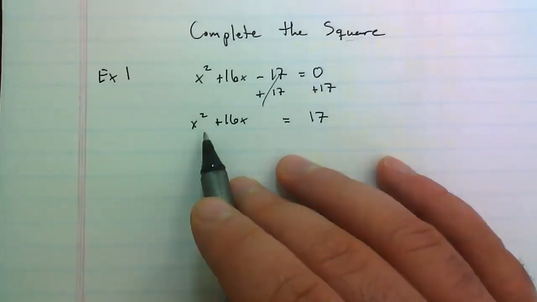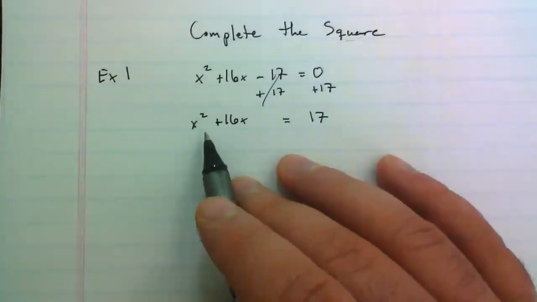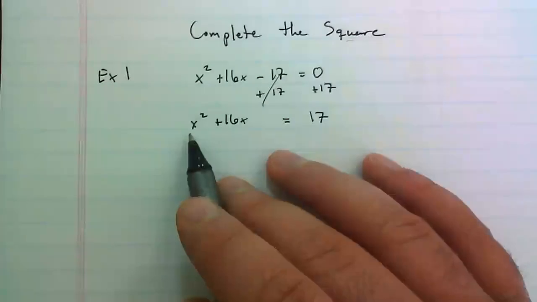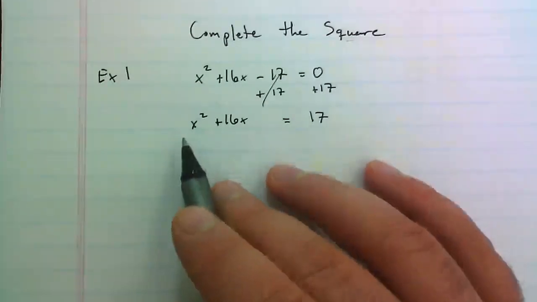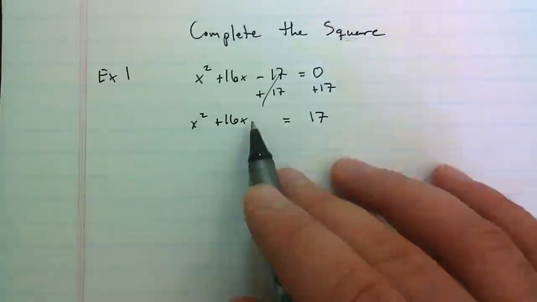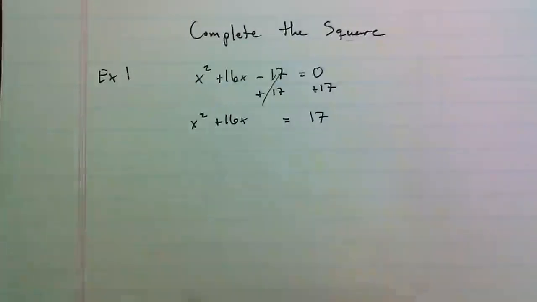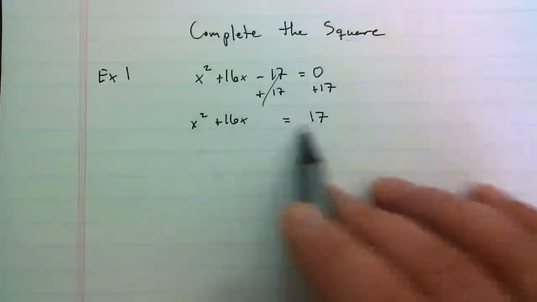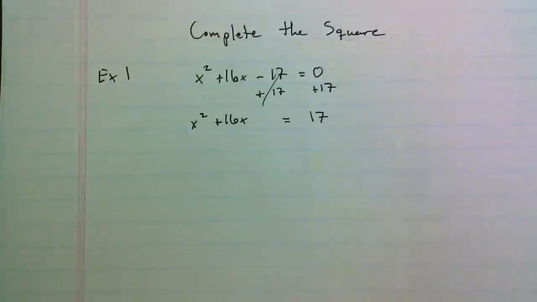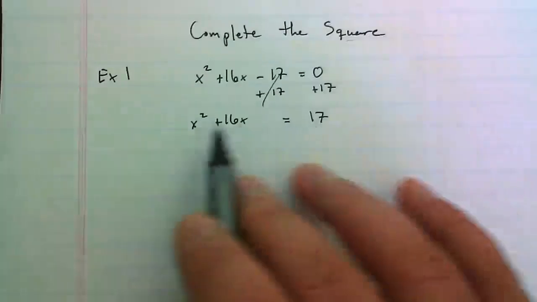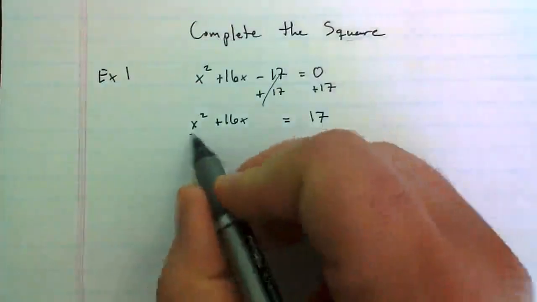Now step 2 is the one that we might not need to do, and that's because we have to factor out A from the left side of the equation. In this scenario, A is 1, and when you factor out A from each term, you just get itself. So step 2 is just to leave this alone for this example.